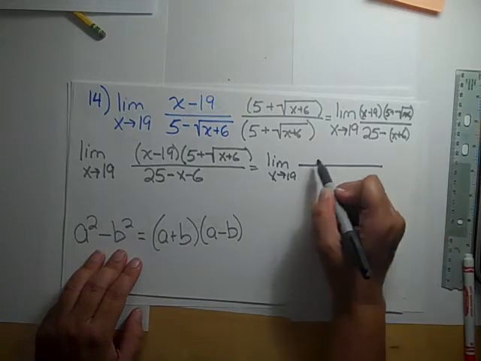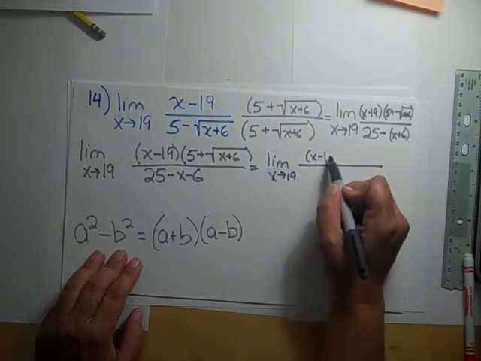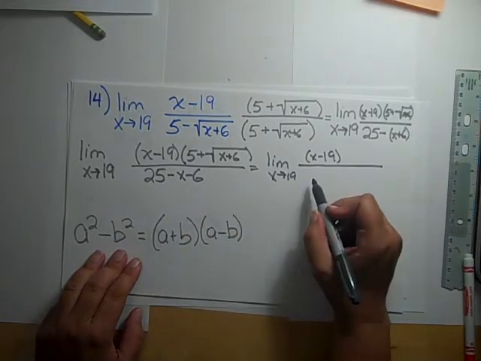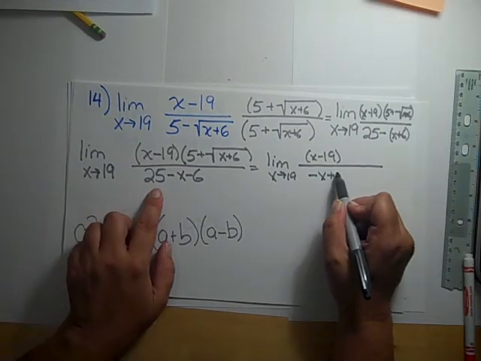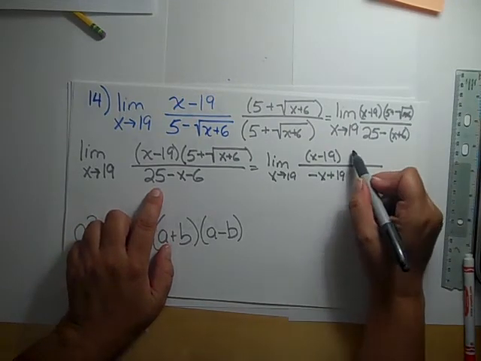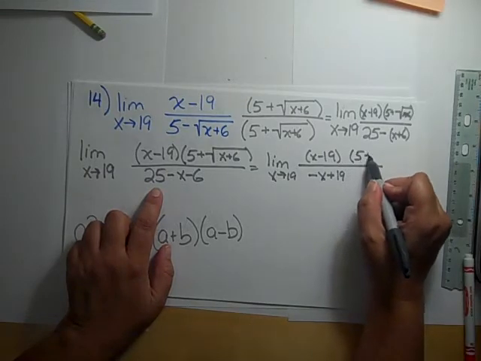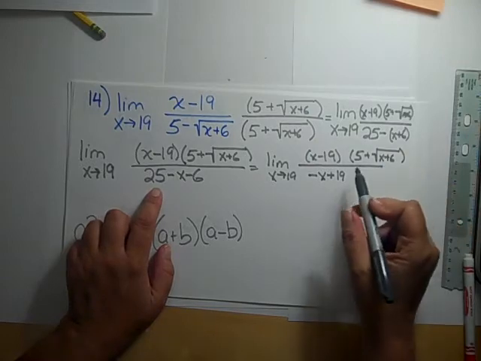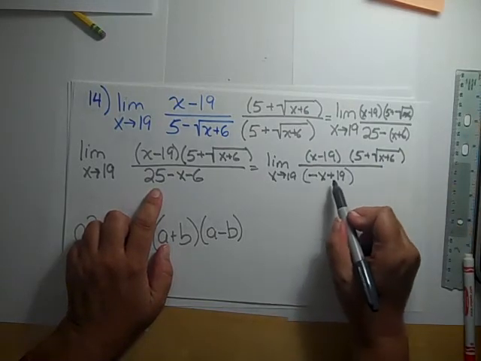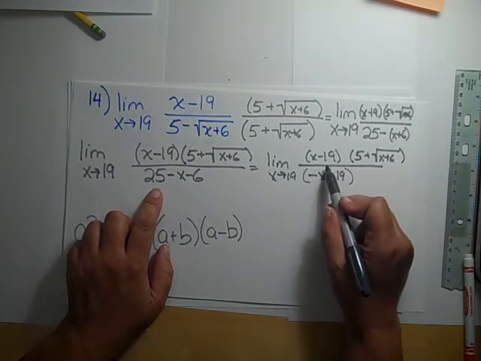on the top, x minus 19. On the bottom, I see negative x plus 19. And then, of course, we have the 5 plus root x plus 6. So the only issue we have now is that the signs are reversed right here, aren't they?